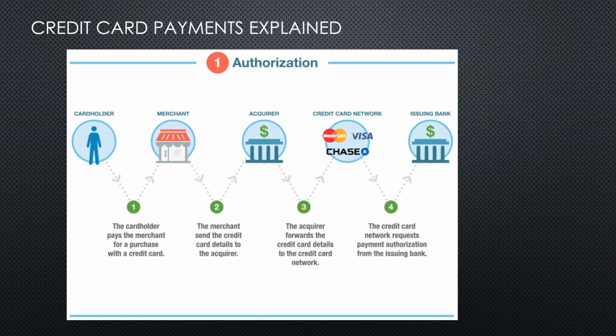For the credit card payment, the first step is authorization. When the customer places the order, all the information is created by the merchant. The merchant transfers it to the acquirer. The acquirer transfers that information through the credit card network to the bank.